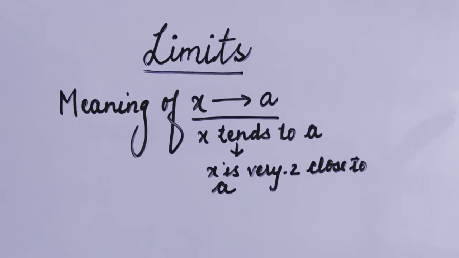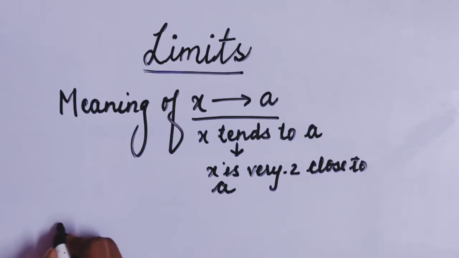It does not mean that x is equal to a, but it means x is very, very close to a. And here x tends to a either from left or from right.